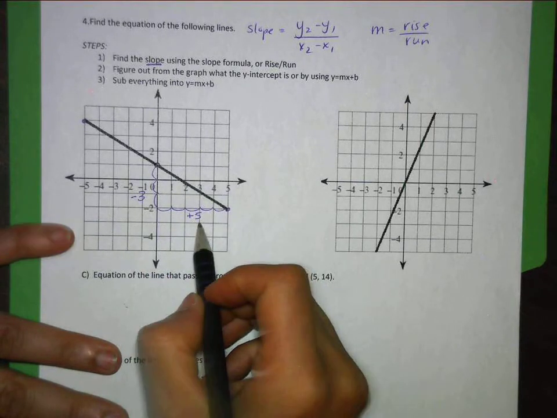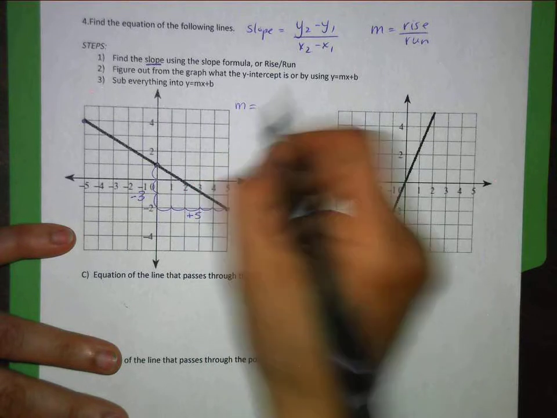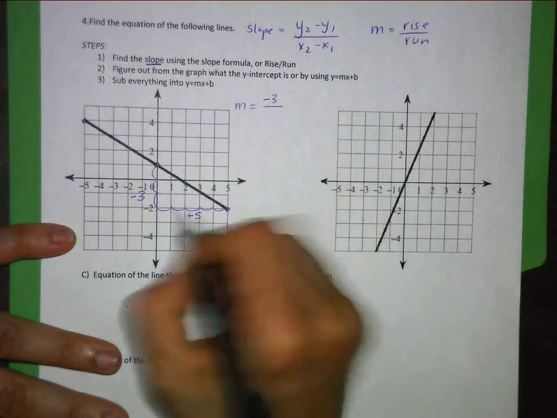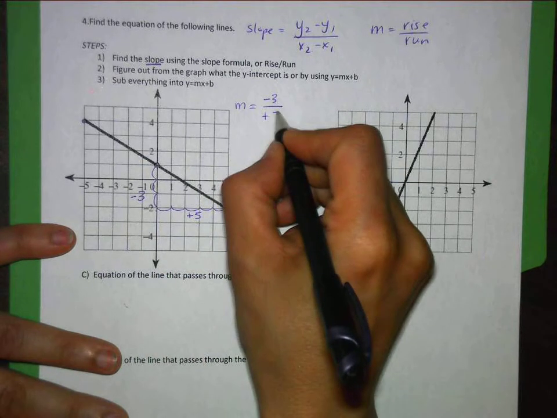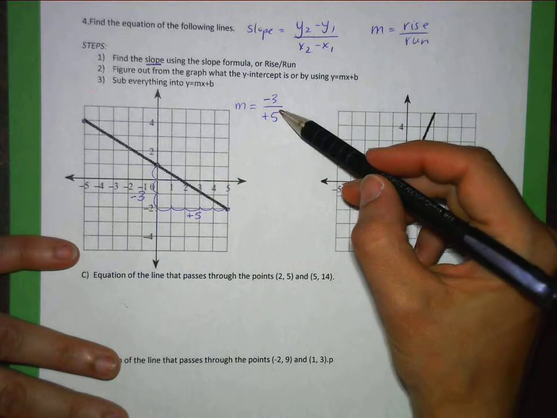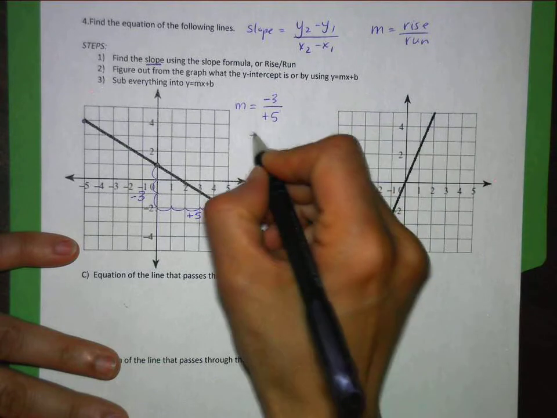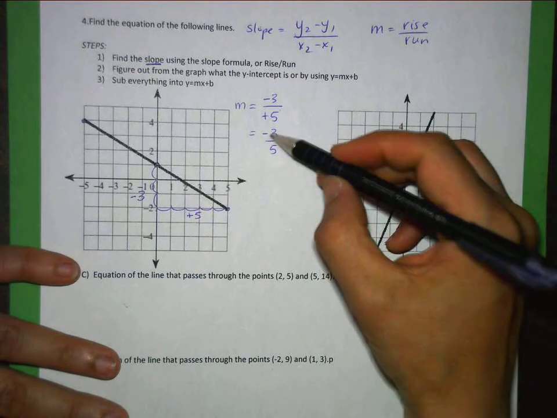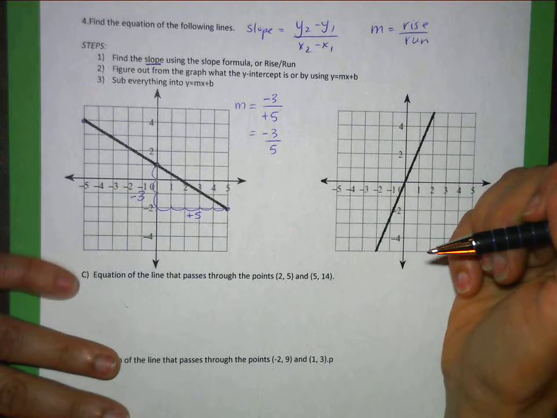So for this one, my slope is my rise, but I went down, so it's -3, and my run is to the right 5. I can't reduce that. Those are both odd numbers, but I only need to write it with one sign, and if it's a negative, we always put it with the numerator.